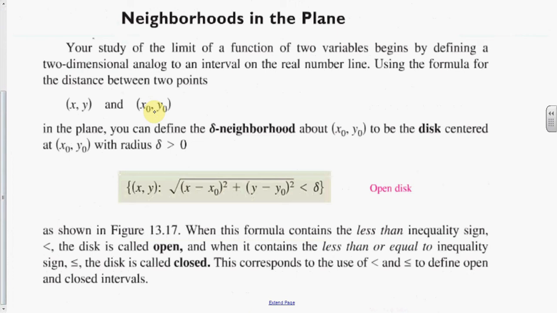Delta becomes the restriction. So if we can find points about x naught, y naught, around that particular value as we keep changing delta, matter of fact, we want to shrink delta as small as possible. And if we can continue to find points within that particular area, we say that we have continuity.